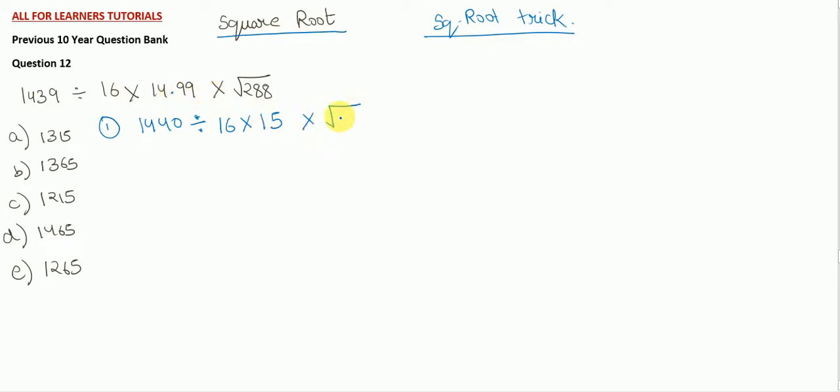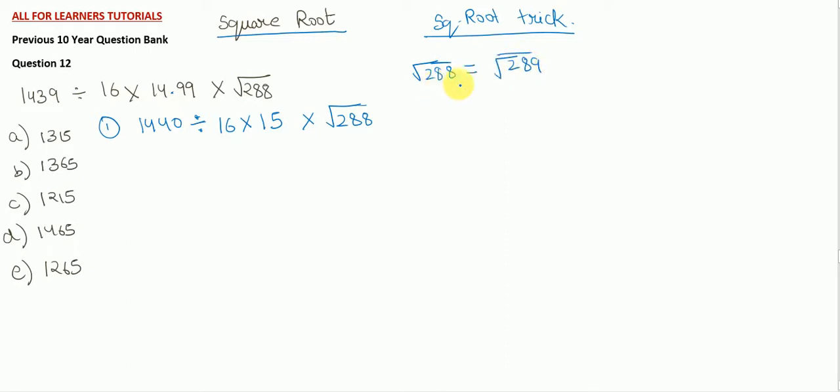And under root 288. Now just see this. Under root 288 is not a perfect square, right? So, to find the square root of any imperfect number, just take the nearest perfect square. Nearest perfect square to it is what? 289, right? Now see whether this number is greater or less.